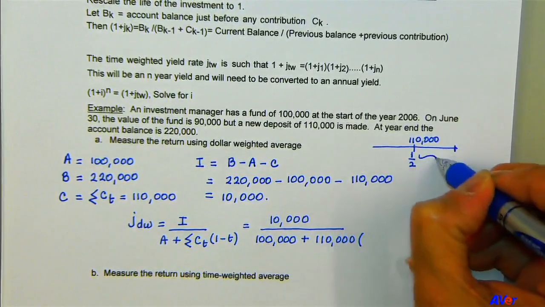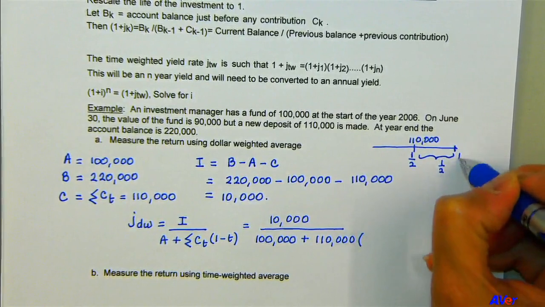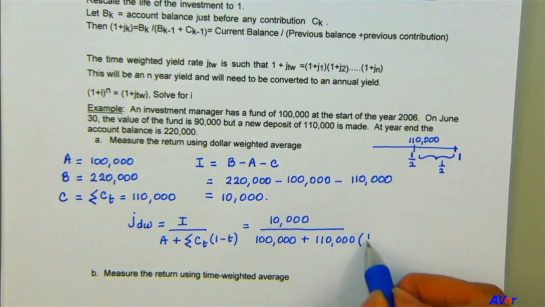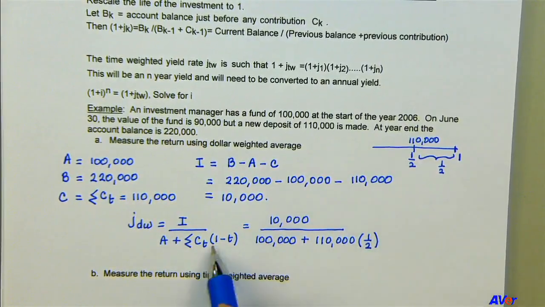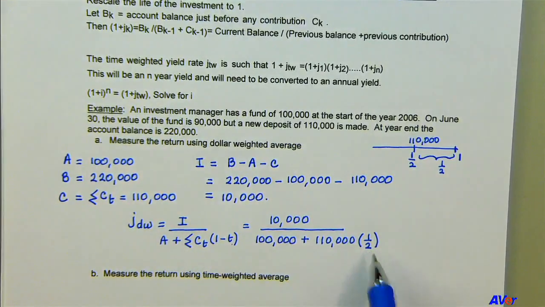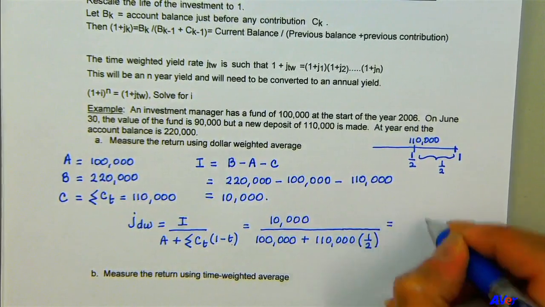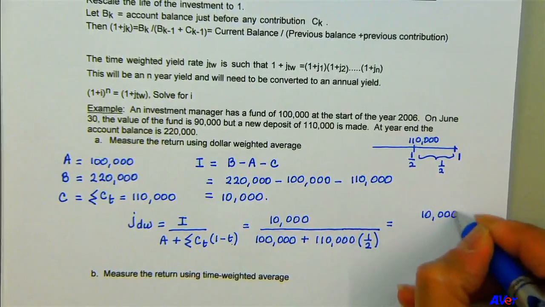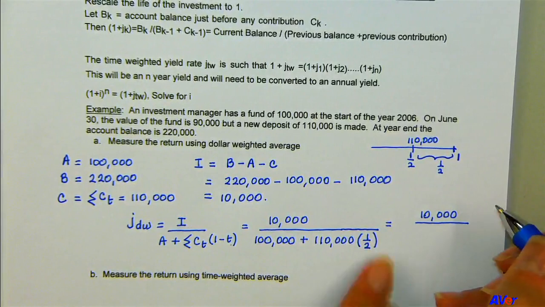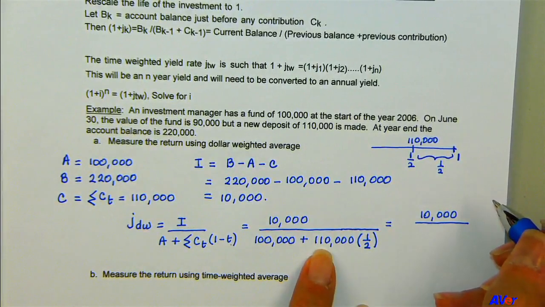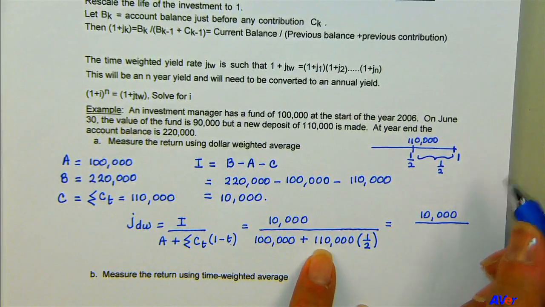So it grows for 1/2. So 1/2 goes here because 1 minus 1/2 is 1/2. And then you clean this up. So half of 110 is 55, so 155.